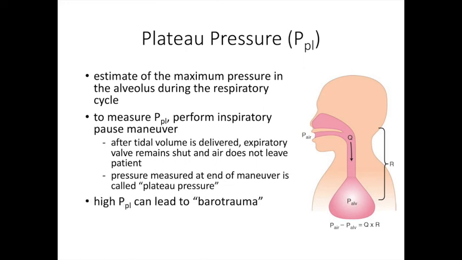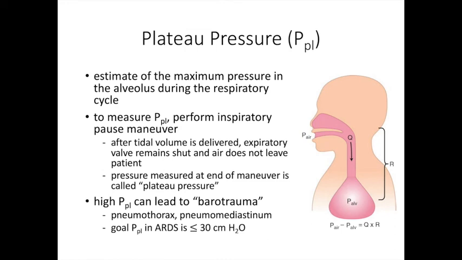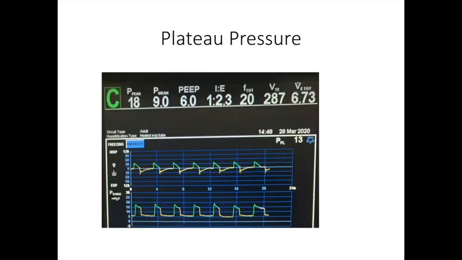High plateau pressures can lead to barotrauma, specifically pneumothorax and pneumomediastinum. The goal plateau pressure in ARDS is less than 30 centimeters of water. Here is again the display of the ventilator. The last breath is where the inspiratory pause maneuver was performed. And you can see that the measured plateau pressure was 13.